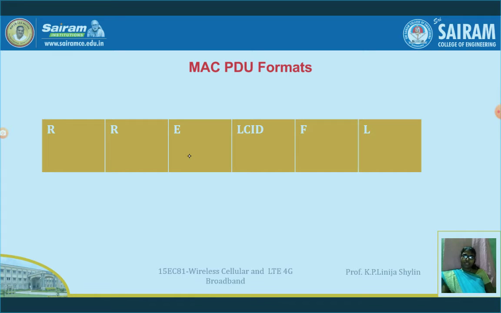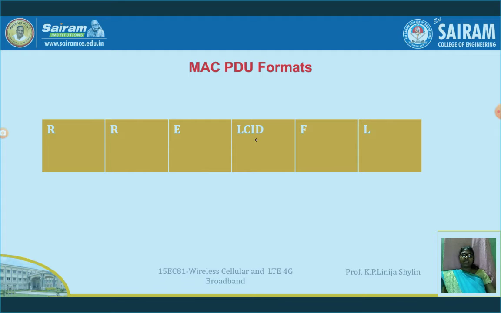If E is set as 1, that means the other fields like R, R, LCID, F, L will follow. And if E is set as 0, that means a MAC service data unit, MAC control element or padding will follow. If it is set as 1, all these fields will follow. If it is set as 0, MAC SDU, MAC control element or padding will follow.